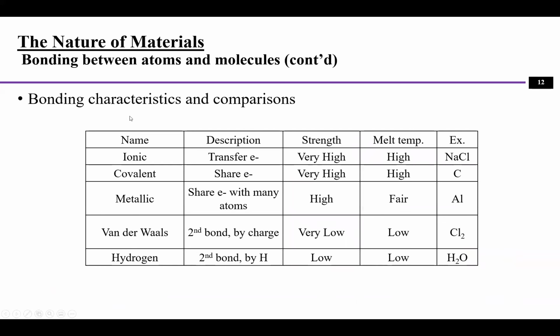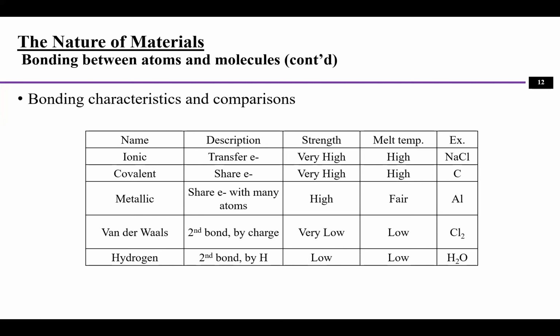If you compare these bondings, from ionic and covalent to metallic, and secondary bonds like van der Waals forces and hydrogen forces, you can see primary bondings, ionic, covalent and metallic, typically have really higher strengths, right? Secondary bondings have lower strengths. And the same goes for melting temperature.